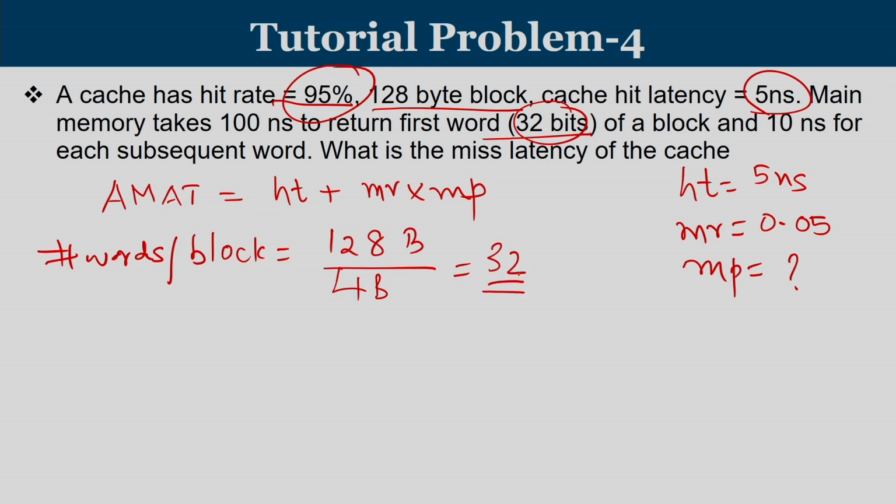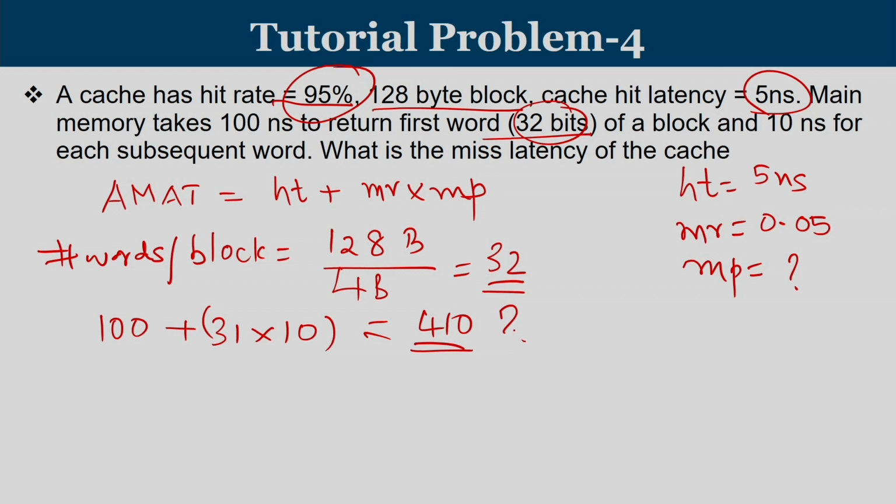So, you have 32 words. The first word will be returned in 100 nanosecond. Then you have another 31 words, which take only 10 nanosecond each, making the value 410. So, the miss penalty is 410.